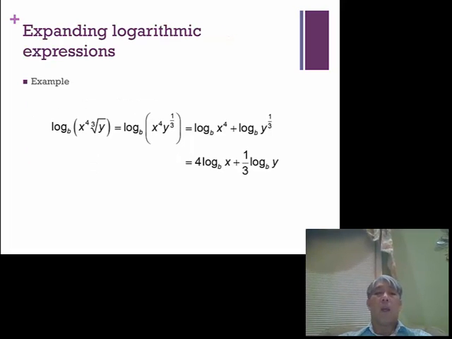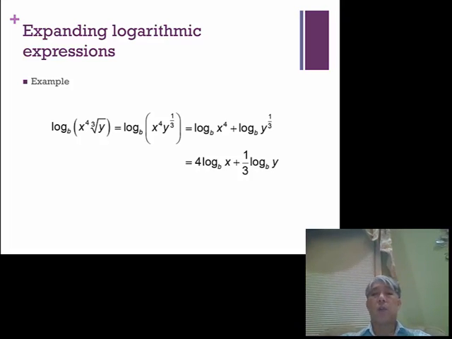And we can use these rules to expand logarithmic expressions. So if I have something very complicated looking like log base b of x to the 4th times the cubed root of y, I can break these things into smaller sections. First I convert the cubed root to an exponent of 1/3.